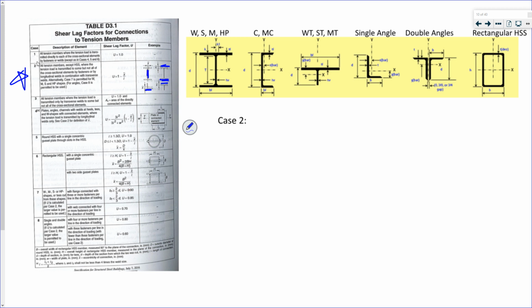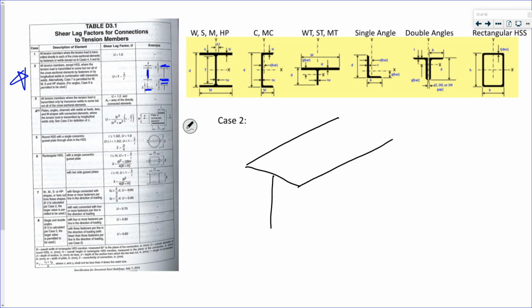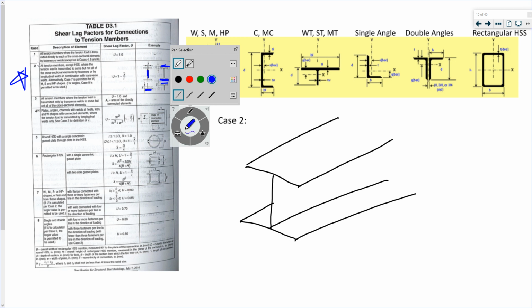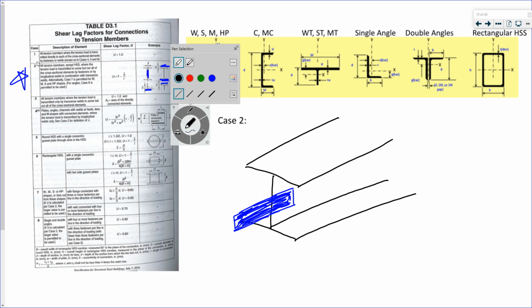So if this were the case, let's see, I get to draw. Right, if we're looking at the first example, that means if that's my I-beam, looking at it isometrically, and I've attached a connection plate with some bolts, I don't know, 2 little bolts, and my load, right?